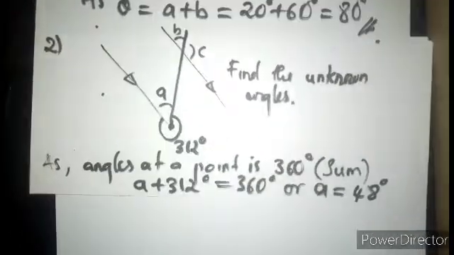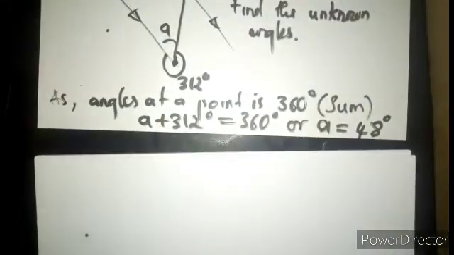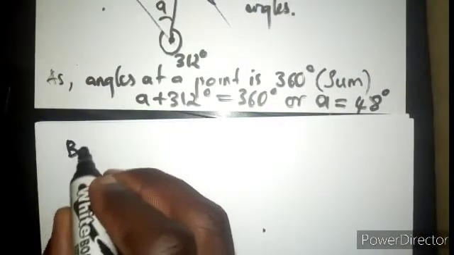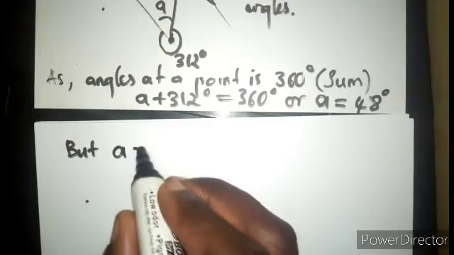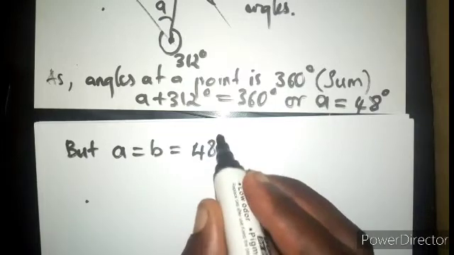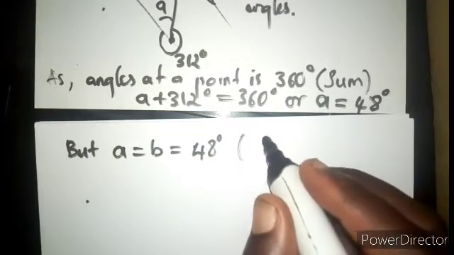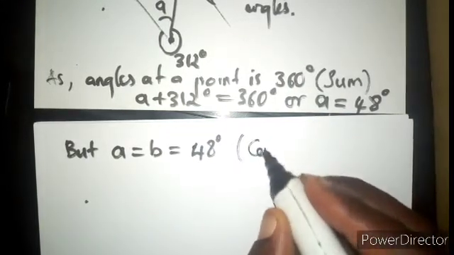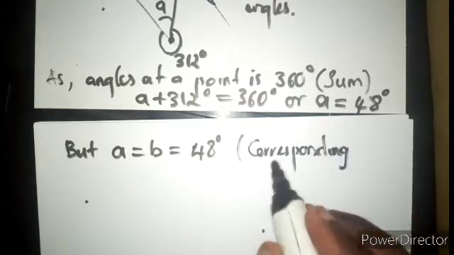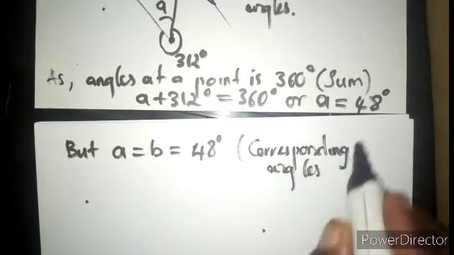Two are left. Now, we do know that A is equal to B, which is 48 degrees. Why? Because they are corresponding angles.